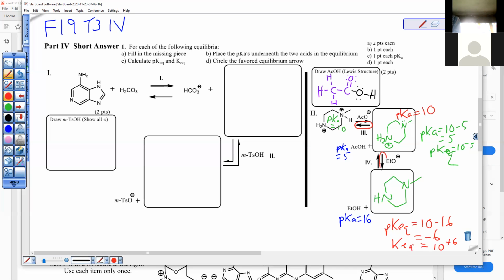Definitely going towards 16 away from 10. And the other one, we're going away from 10 towards 10, and sorry, that was not an acid. This is the acid. See, I'm confusing myself. This was the acid created. This was the acid reacted. We go away from the stronger acid back towards the weaker. And we have the answer to that one.